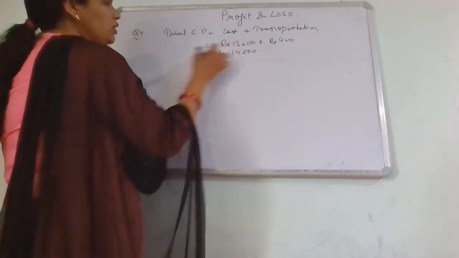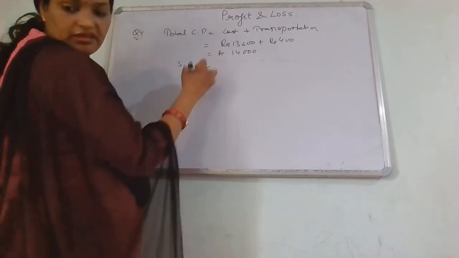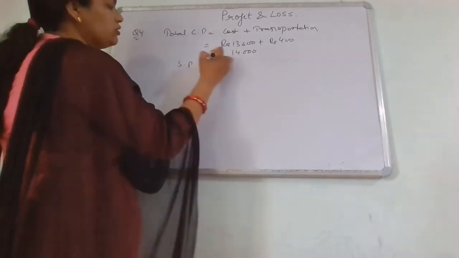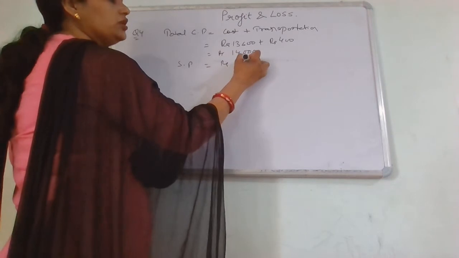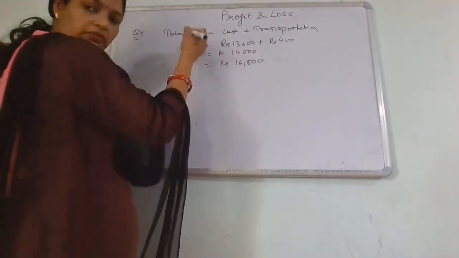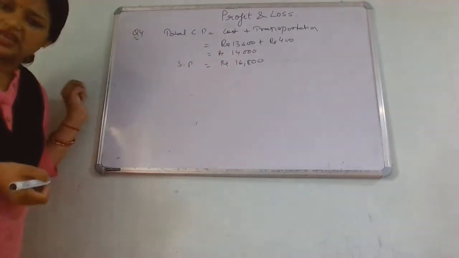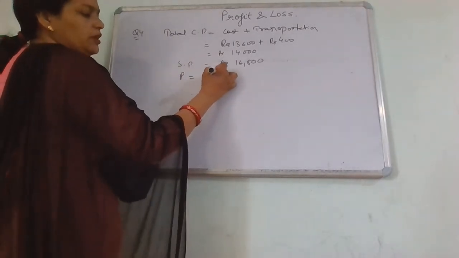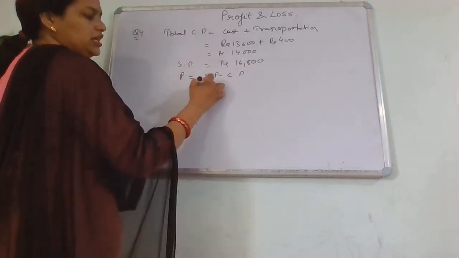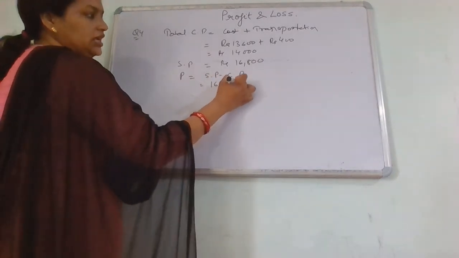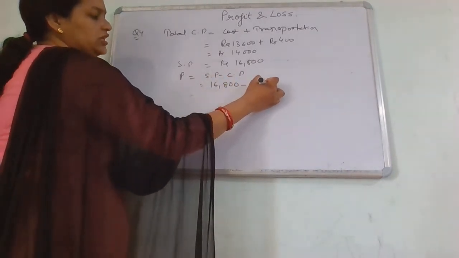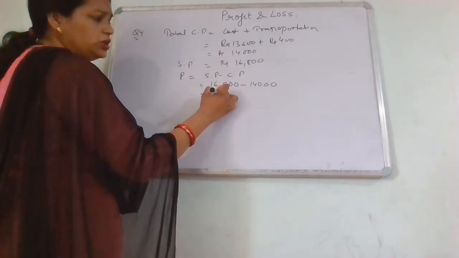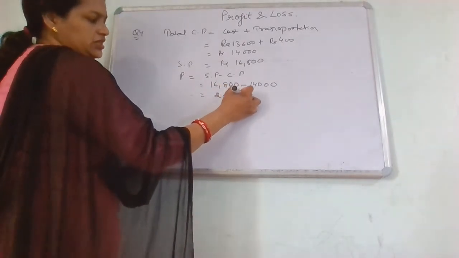Right? And now what is SP? SP is equal to 16,800. So obviously he is in profit. Profit is equal to SP minus CP, which is 16,800 minus 14,000, so 2,800 is the profit.